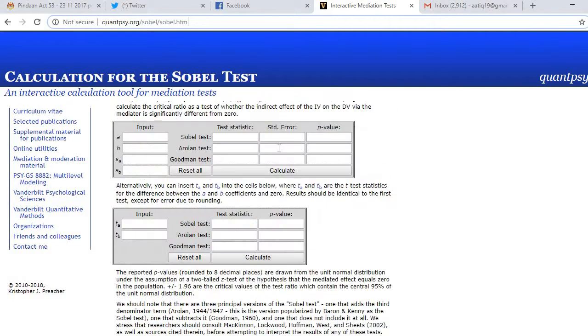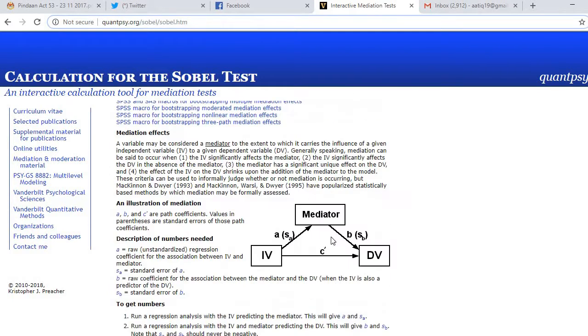So here you see, what we have to do basically, this is the independent variable, this is the dependent variable, and this is the mediator. Alpha is the beta coefficient for the effect of x on the mediator, and b is the beta coefficient for the effect of the mediator on the dependent variable. SA is the standard error for a, and SB is the standard error for b.